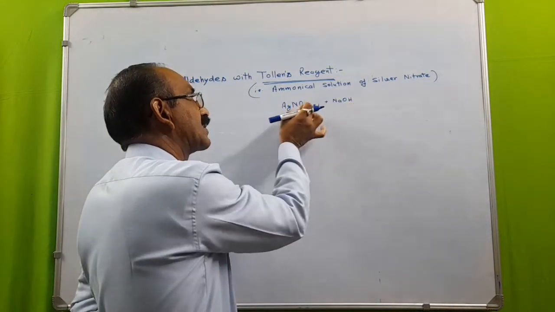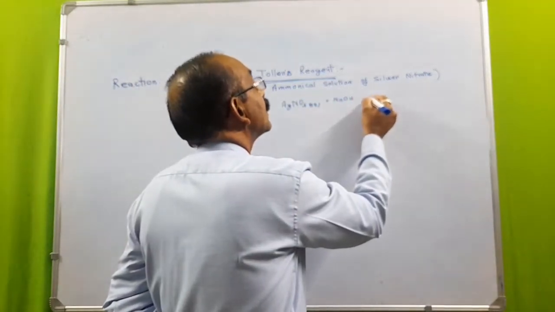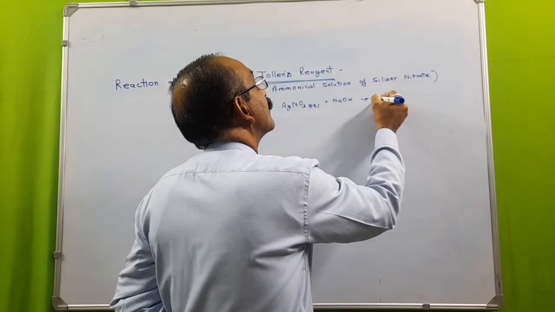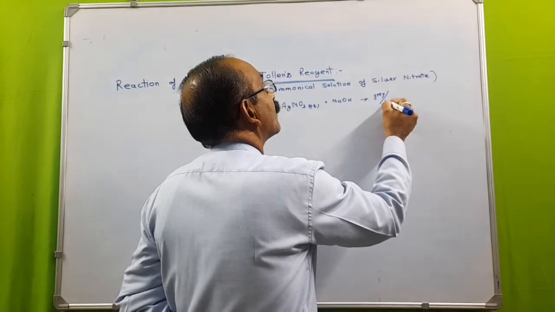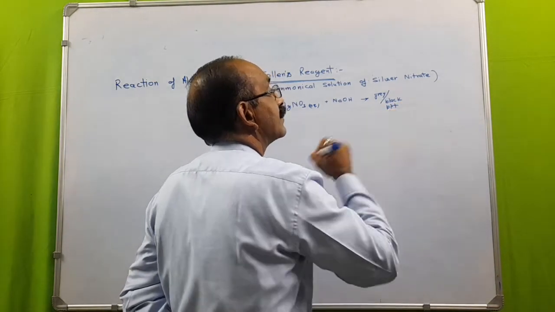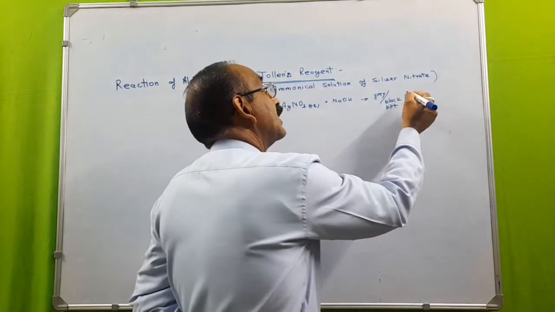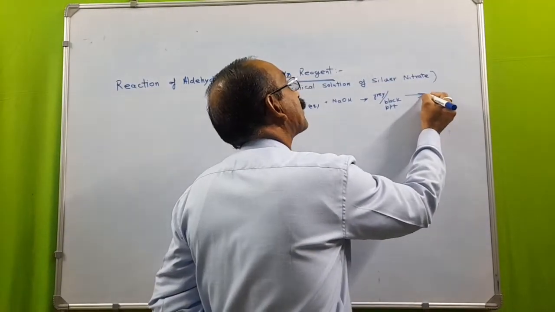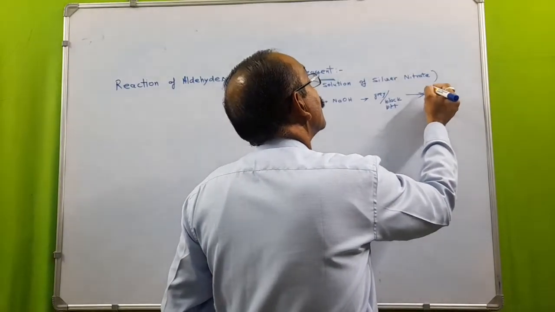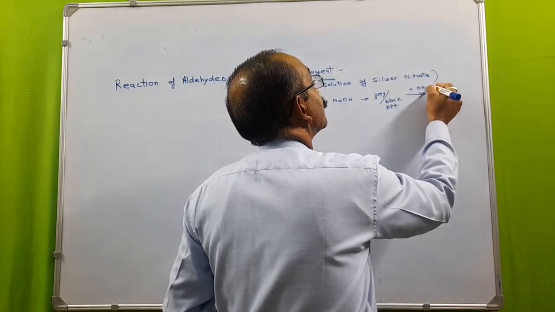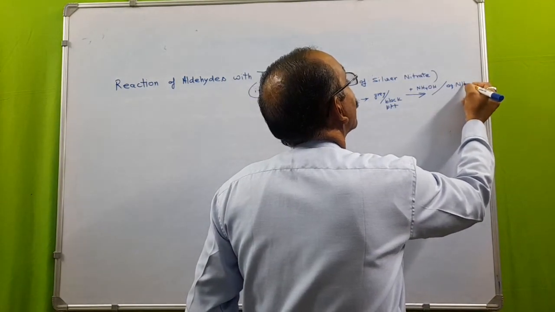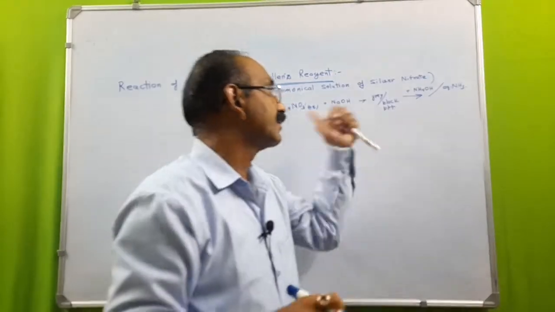By adding sodium hydroxide in silver nitrate, here we'll get a gray or black precipitate, and in this gray or black precipitate we will add NH4OH, or you can say that aqueous ammonia is added in the precipitate.